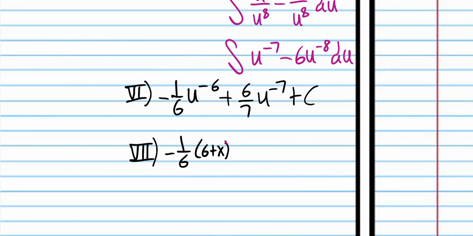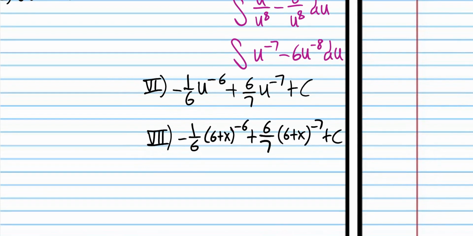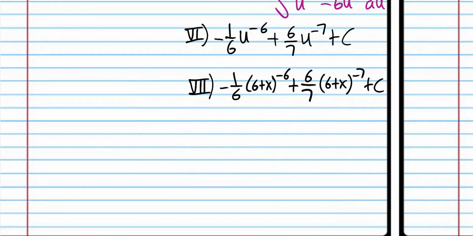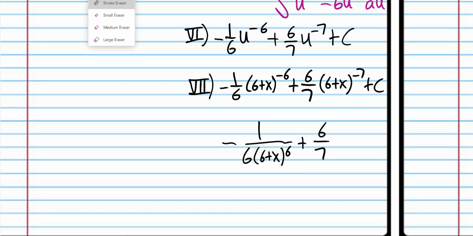So negative 1/6 times 6 plus x to the negative 6 plus 6/7 times 6 plus x to the negative 7th plus c. And remember, on this problem, we're not trying to find the value of a definite integral. We're just trying to find the family of antiderivative functions. So this next step is going to be our solution, our answer to this problem.